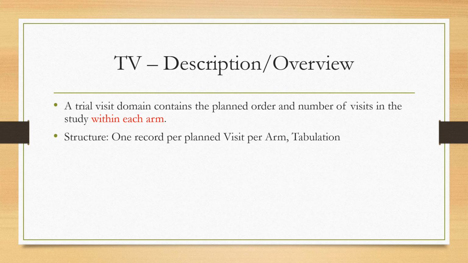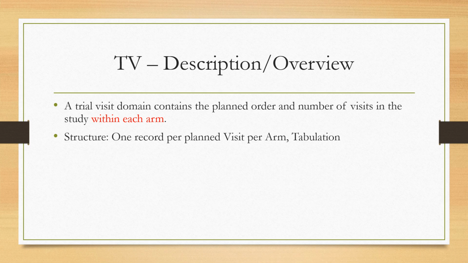But if the schedule of visits is not the same for all arms, then we have to populate the ARMCD and ARM. Normally what we experience in our day-to-day work in this profile is that the study is such that the visits are the same for all the arms, because of which the ARMCD variable is left blank and is not populated in the TV domain.